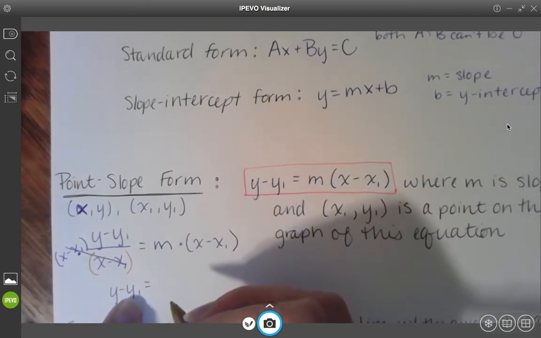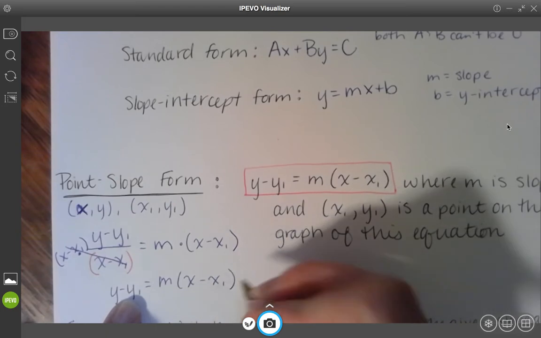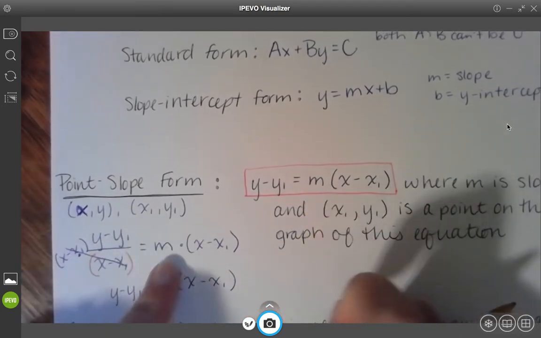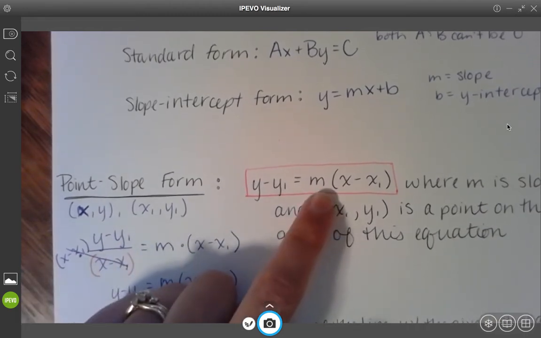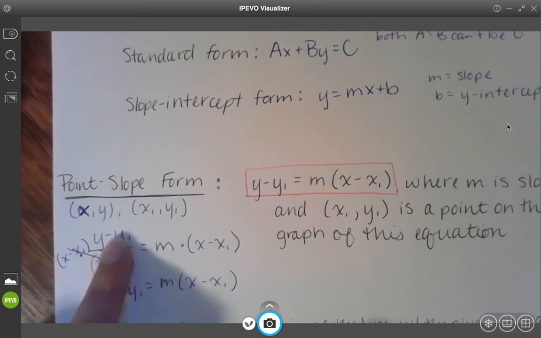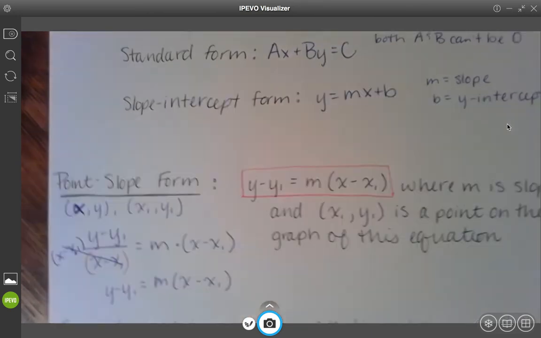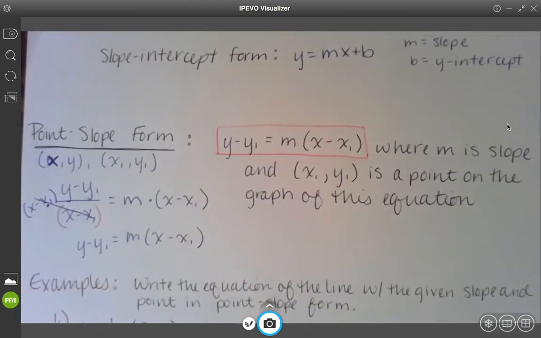So y minus y1 equals m times x minus x1. Same exact thing. So that's where it originates. If you can remember how that works, and you just can't remember this, try remembering that, but I think just memorizing this is your best bet. So you get a slope and you get a point. I think the best way to jump into this is by doing some examples.